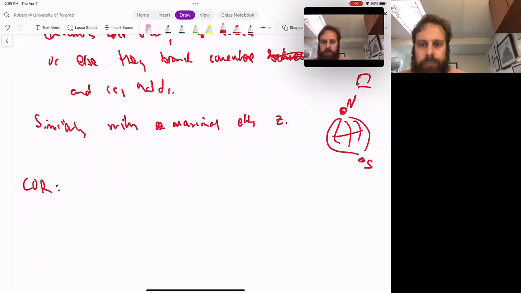Right. So the equivalence classes are called rays.